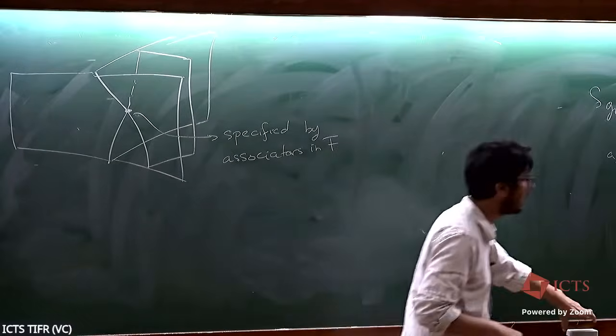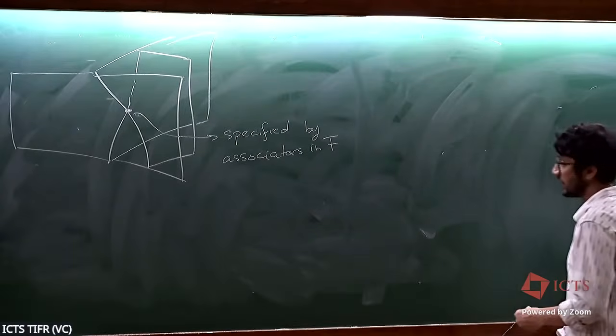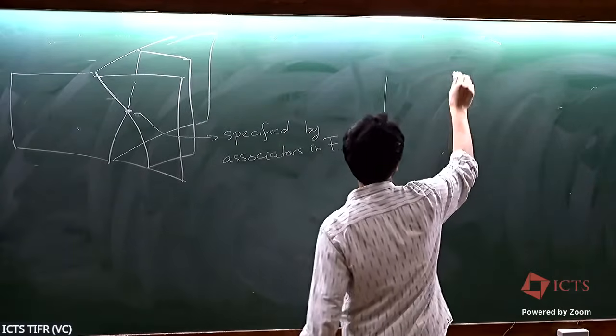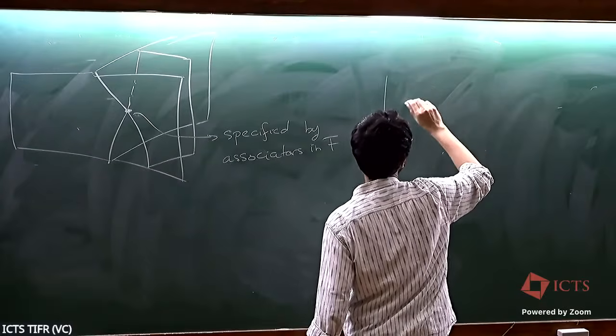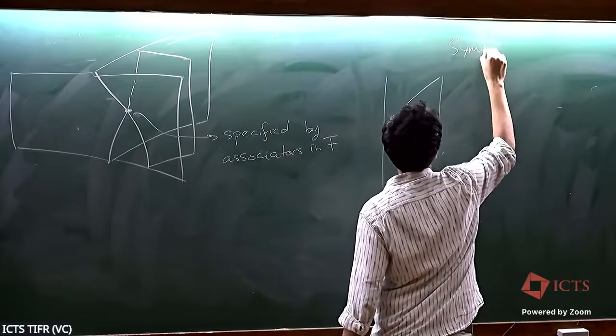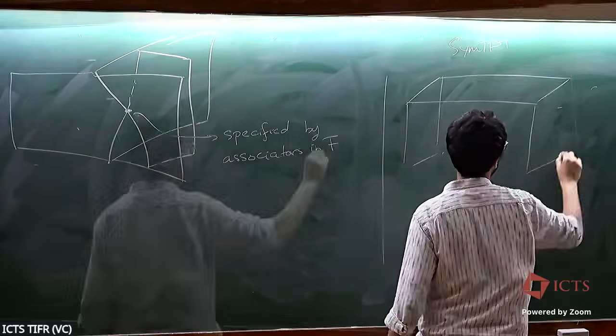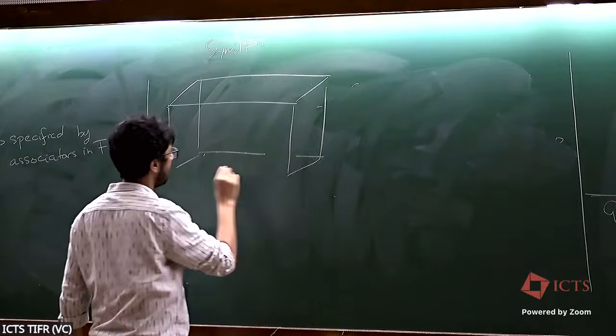So I'm out of time, but let me just say one last thing to wrap up, that this whole construction can be contextualized in the SymTFT. So we have a SymTFT.